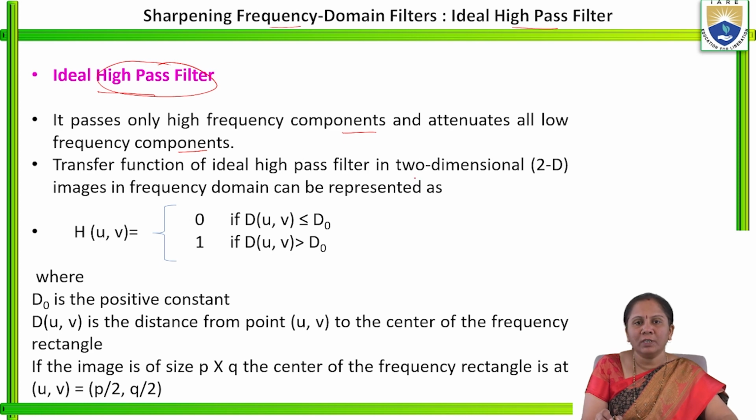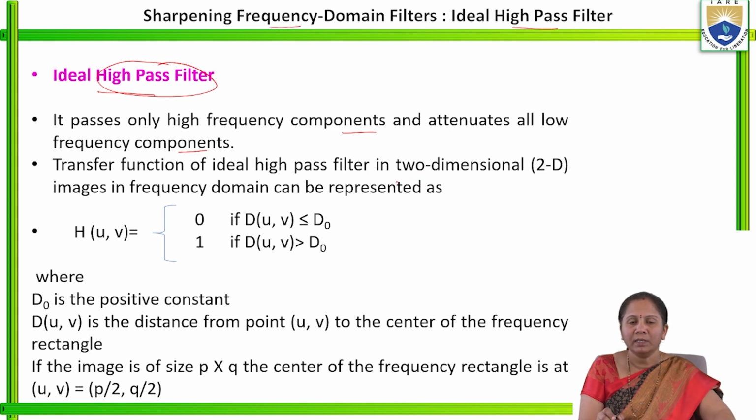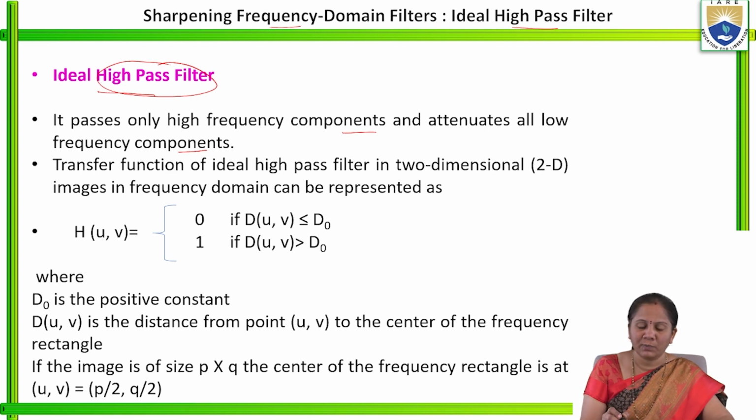When we consider a two-dimensional image, we can write the transfer function of the high pass filter as H of u comma v. This transfer function is equal to 0 when D of u comma v is less than or equal to D naught. So what is D naught here?